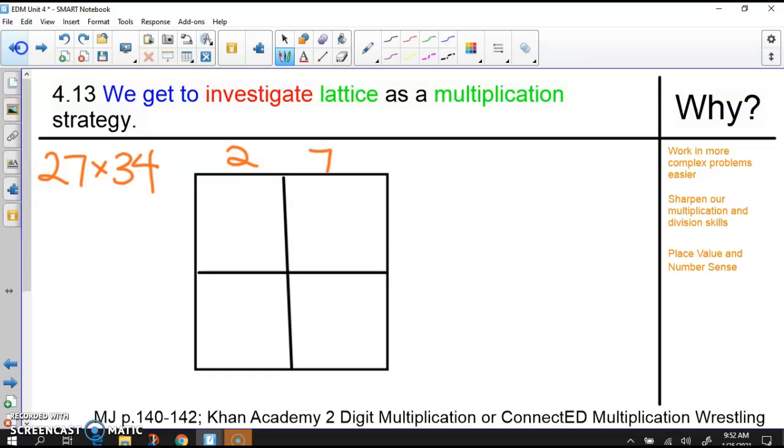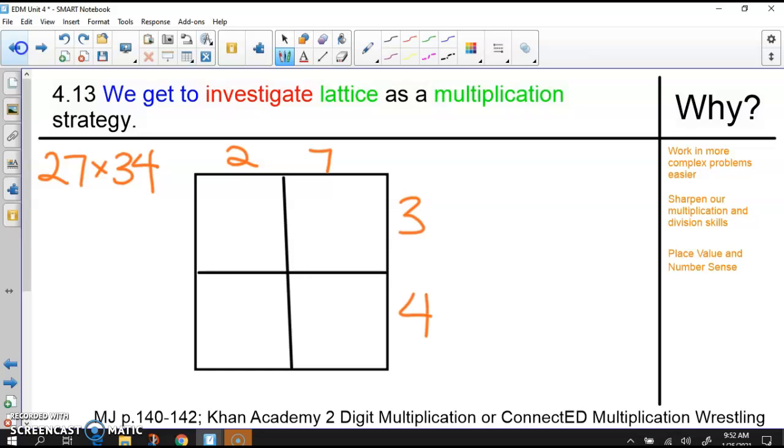The reason in partition rectangles we've done the work with, say, 20 and 7 is because we still needed to set it up for place value. By doing this, we're already going to set it up by place value. The second step to setting up a lattice multiplication is instead of writing the second number on this side, you're going to write the second number on this side. And you're going to see why that is in just a minute.